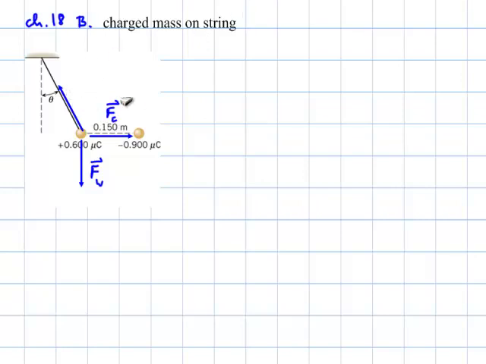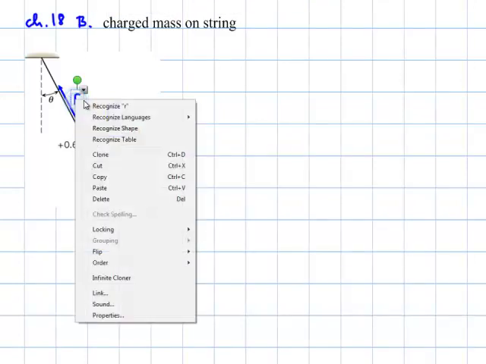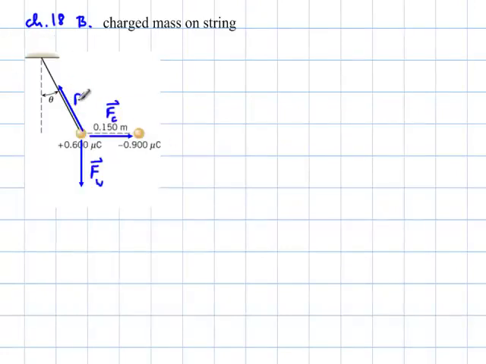Actually, I would like to write an FT. I do prefer to write a force as a capital F and then put indices underneath. Okay, so tension, Coulomb force, and the weight.